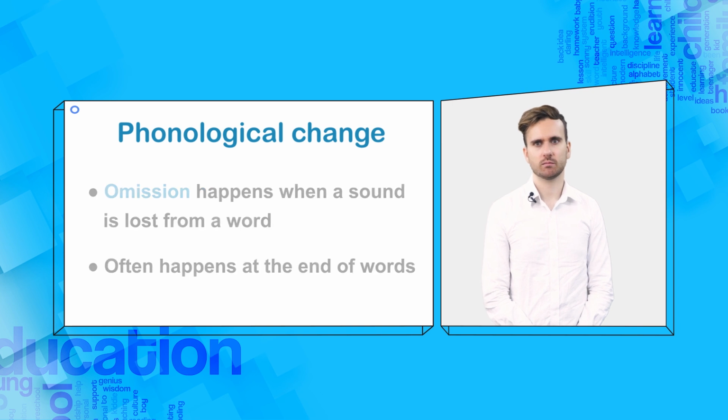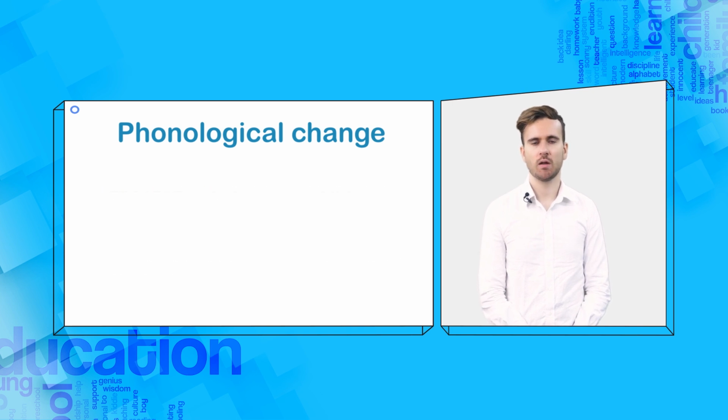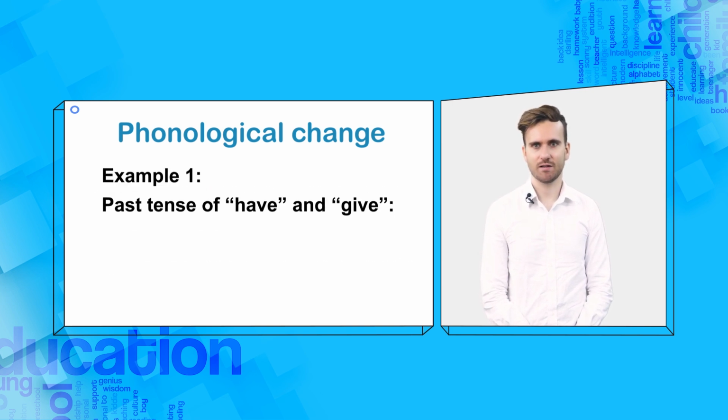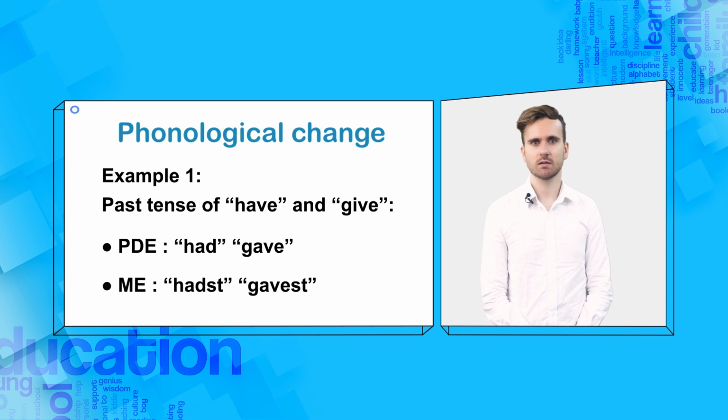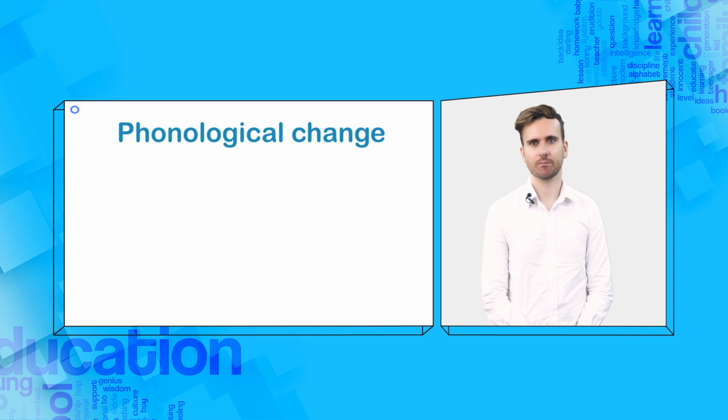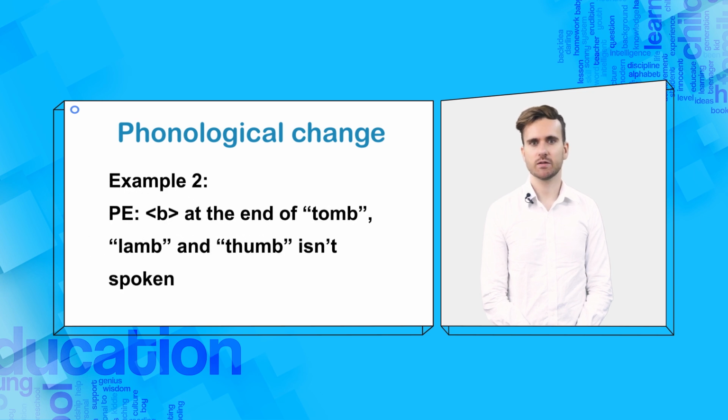For example, in present-day English, the past tense of have and give is had and gave. But in Middle English it was hadst and gavest. Similarly, the B at the end of tomb, lamb, and thumb is no longer pronounced, but thimble still has it.